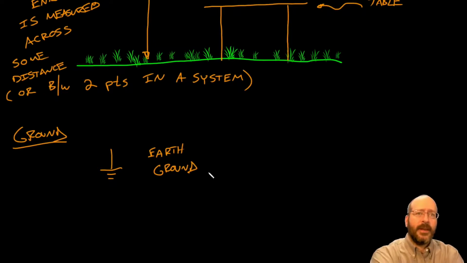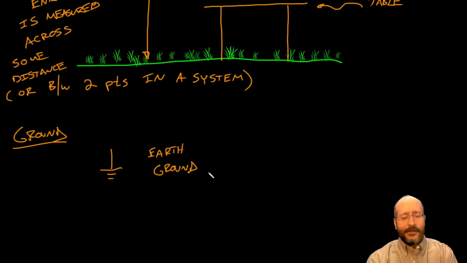Okay, and the purest meaning of earth ground is that the ground below us ends up being a node in your circuit somehow, usually through your electrical system in your house or your office or wherever you're plugging things in. But really, you take a big metal rod, you pound it into the ground, and you hook a wire up to it, and then you connect it to your circuit somehow. That's the purest meaning of an earth ground.